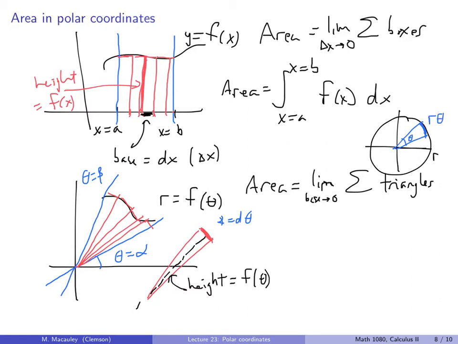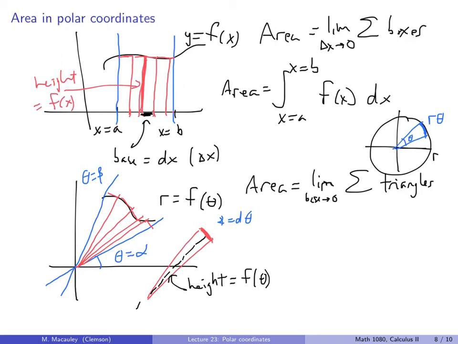Let's see why. Notice if theta is 2 pi, then r times theta is just 2 pi r, the circumference. So if theta is any proportion of 2 pi, then the arc length is that particular proportion of the circumference.